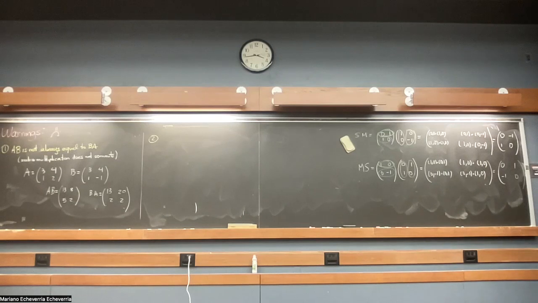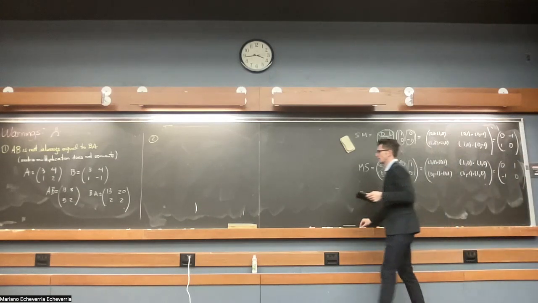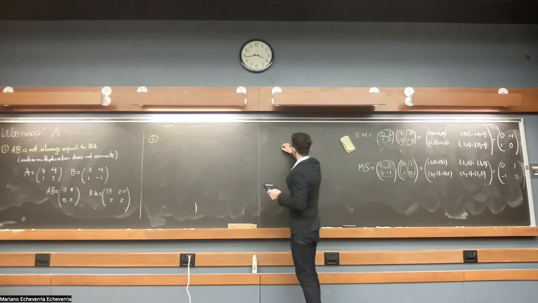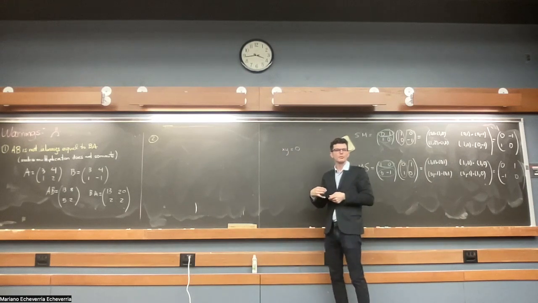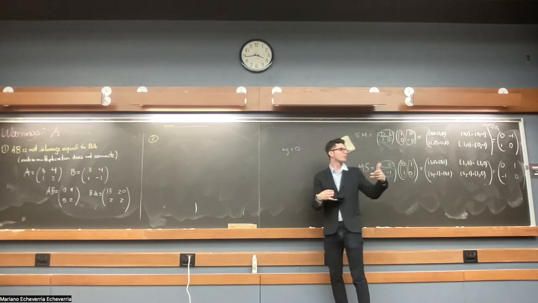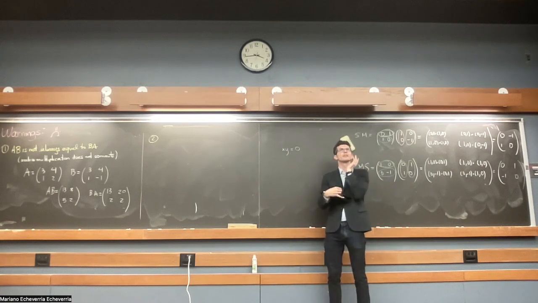Another thing, just before writing it down, as an analogy: if you have two numbers, X and Y, and their product is zero, you would say the product of two numbers can be zero only when one of the two numbers is zero. Multiplication of two numbers, if it's zero, at least one of them has to be zero. What's the analog of zero for a matrix? It's the matrix full of zeros: 0, 0, 0, 0, 0, 0, 0, 0, 0.